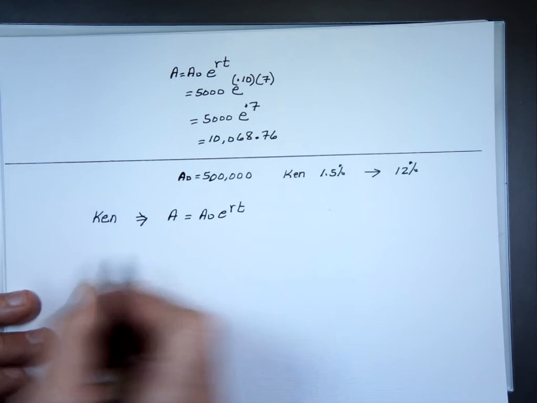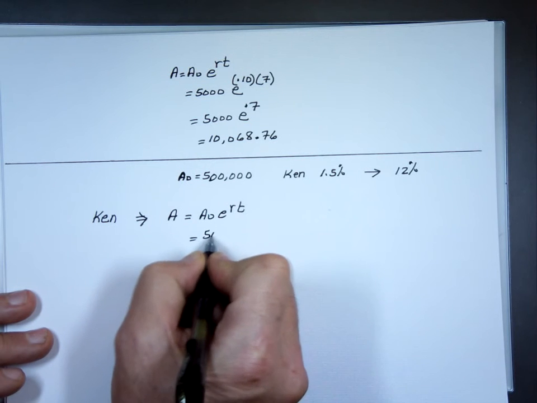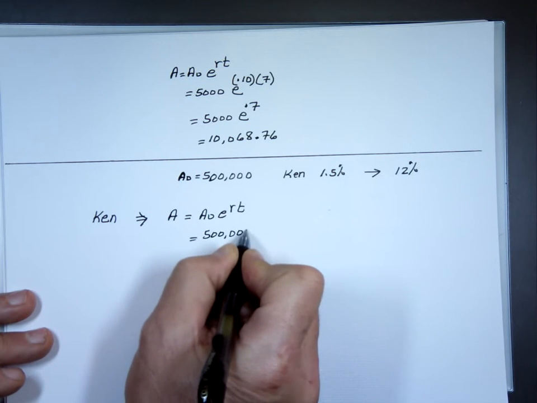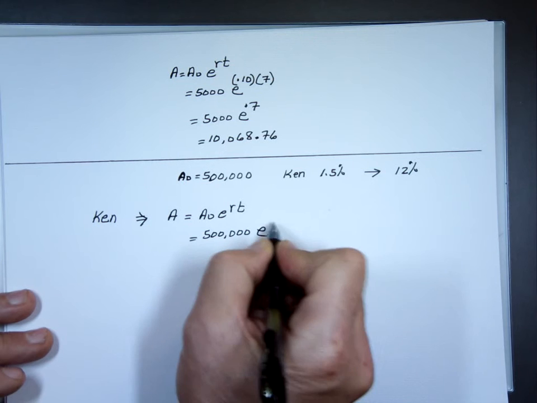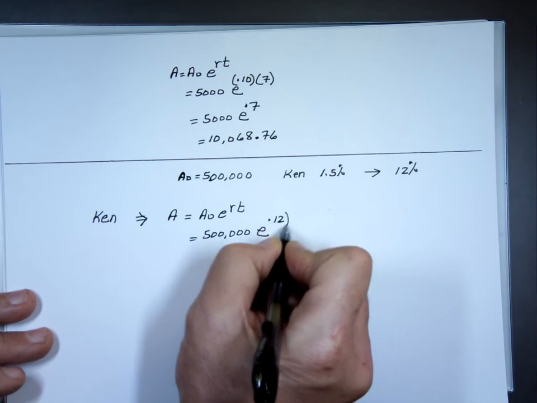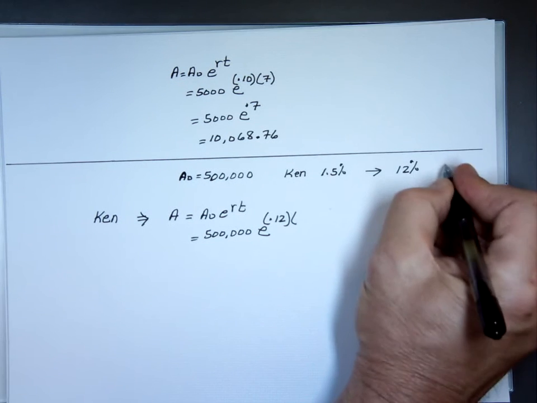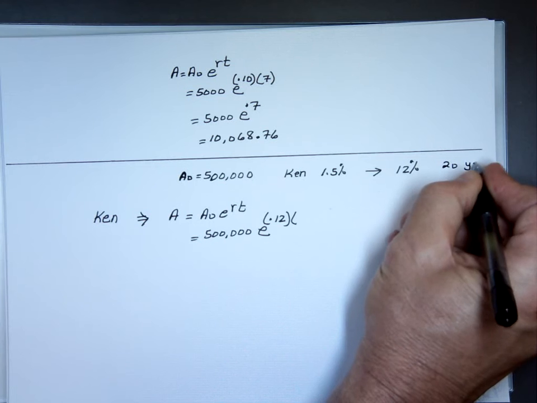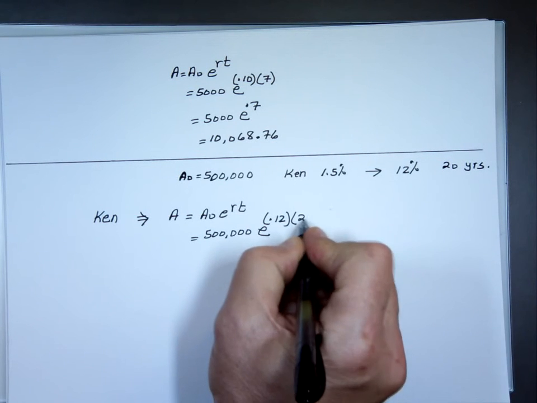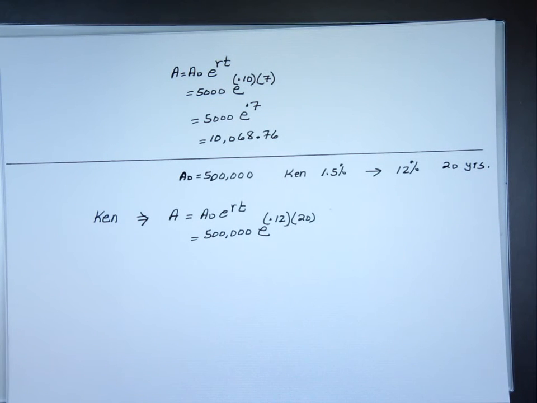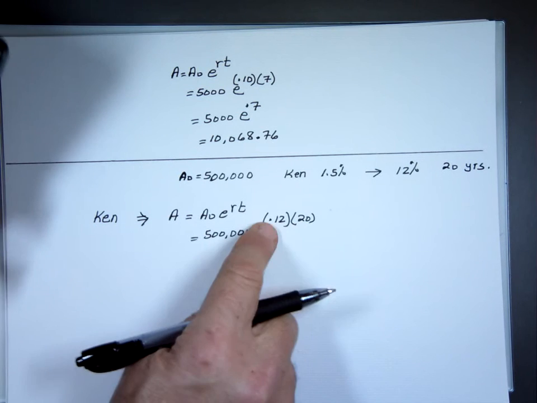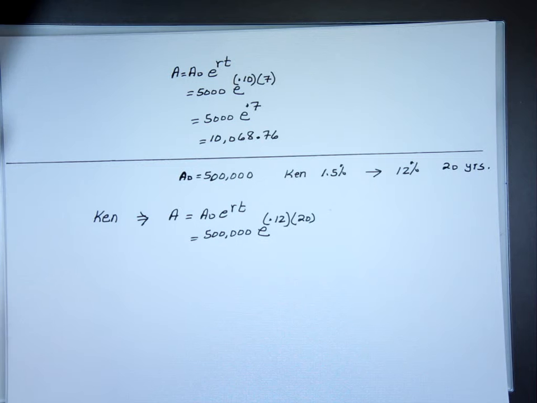It's 500,000 e to the power, interest rate, they get 12%. And let's say they hold the money for, pick a number of years, let's use a decent number, 20 years. It's doing really good for you. So what's that number? 20 times 0.12 is 2.4.